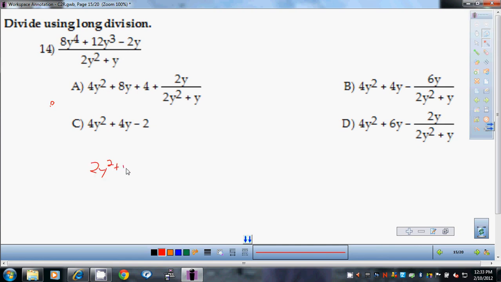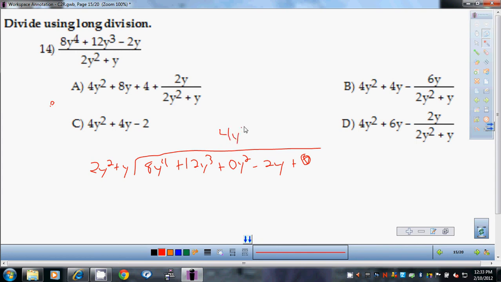2y squared plus y divided by 8y to the 4th plus 12y cubed plus 0y squared minus 2y plus 0. All right, this divided by this is what? 4y squared. Multiply that back through. Subtract.